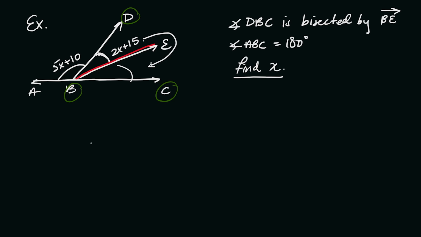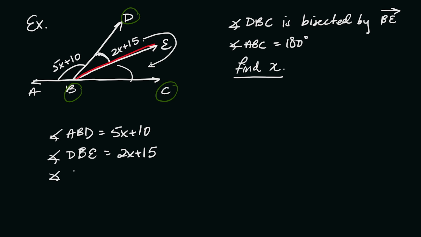So that means that for the whole system we have here, angle ABD is equal to 5x plus 10, angle DBE is equal to 2x plus 15, and last but not least, angle BEC is also equal to 2x plus 15.